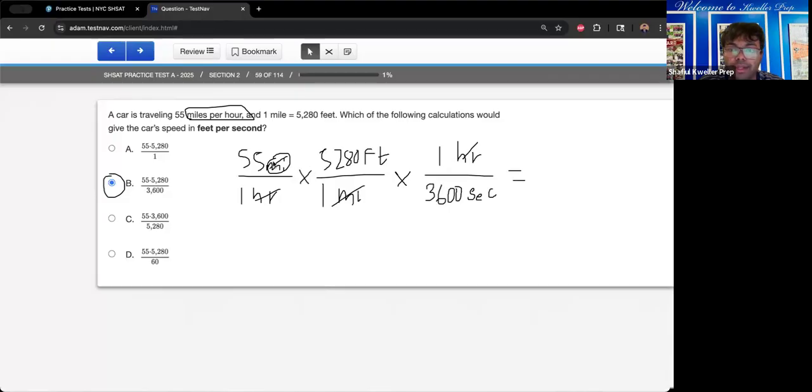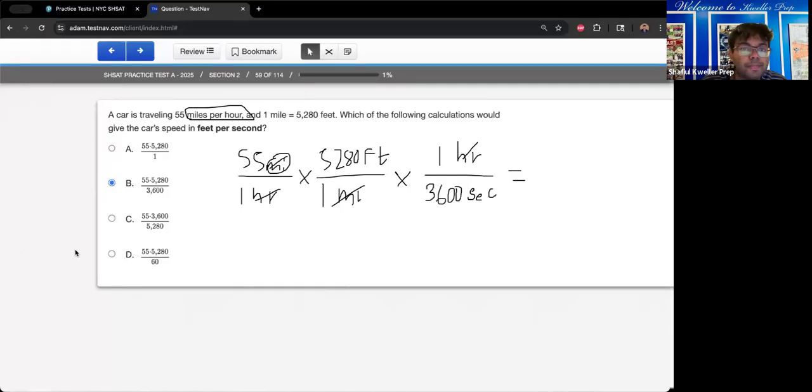So that I can cross out miles on the top and miles on the bottom. Does that make sense, everyone? Does anyone have any questions with this? So this one, you don't actually have to solve it. You just have to set up the proportion. So the answer should just be B.